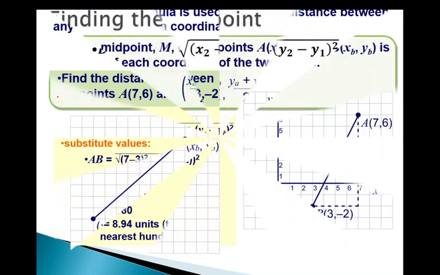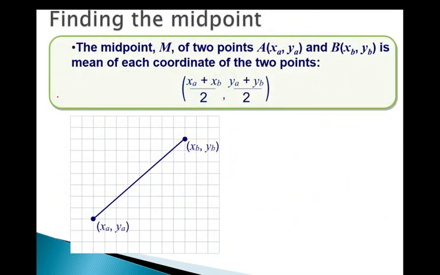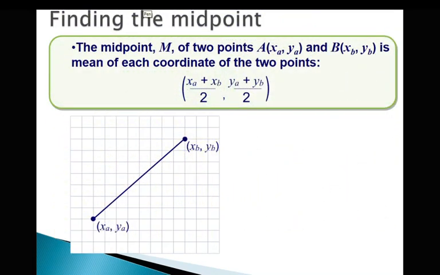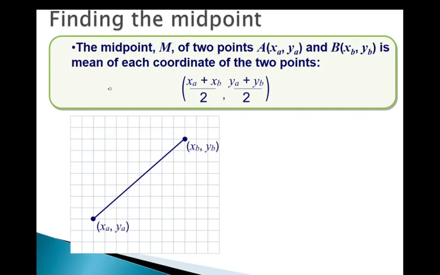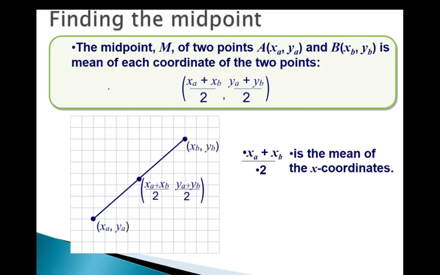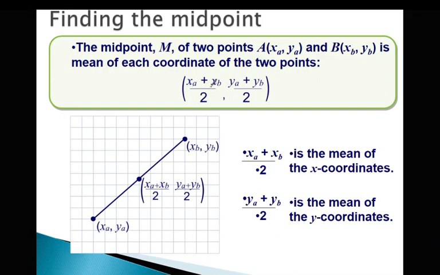Also, midpoint is something else that we need to be using. Okay? The midpoint between 2 points, point M, or midpoint between A and B, is this equation, which is basically nothing more than an average. This equation right here is the average, because how do you find an average?